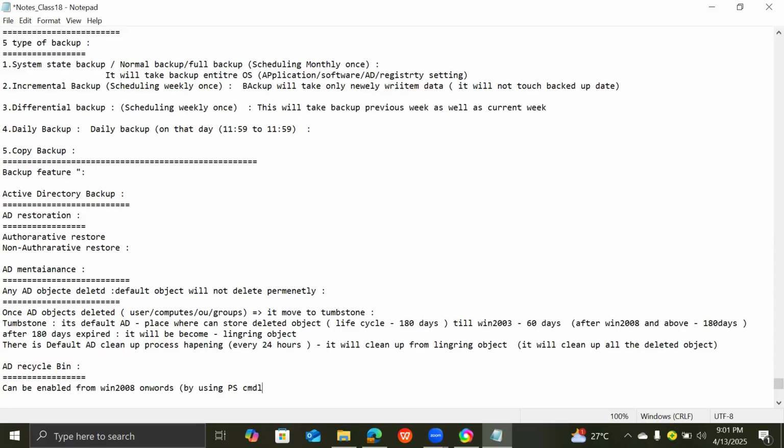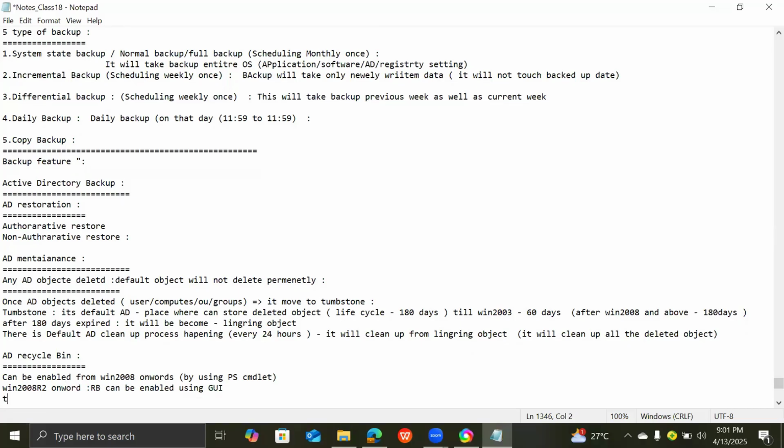cmdlets. However, from Windows 2008 R2 onwards, the Recycle Bin can be enabled using the GUI as well.